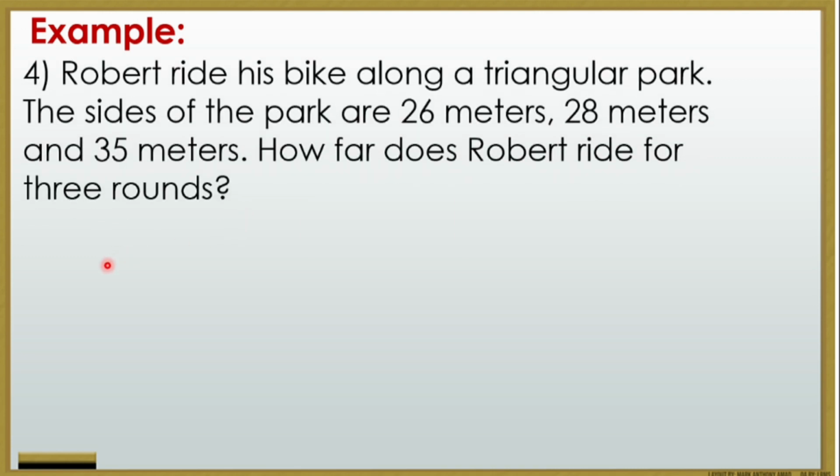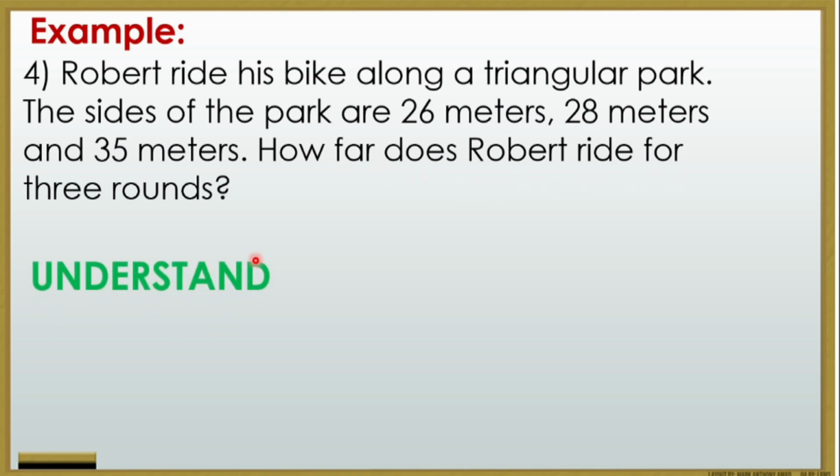Another example. Robert rides his bike along a triangular park. So, this problem involves a triangular park. The sides of the park are 26 meters, 28 meters, and 35 meters. How far does Robert ride for 3 rounds?